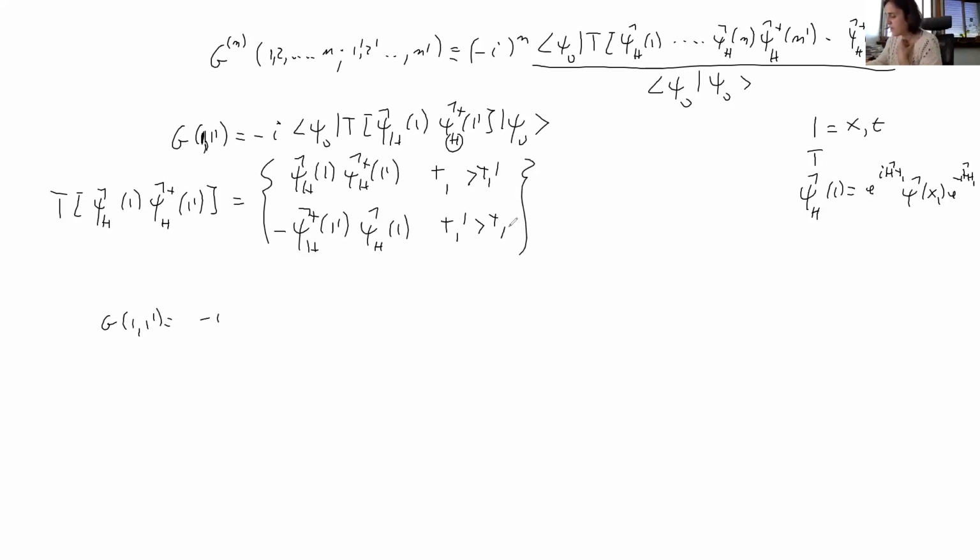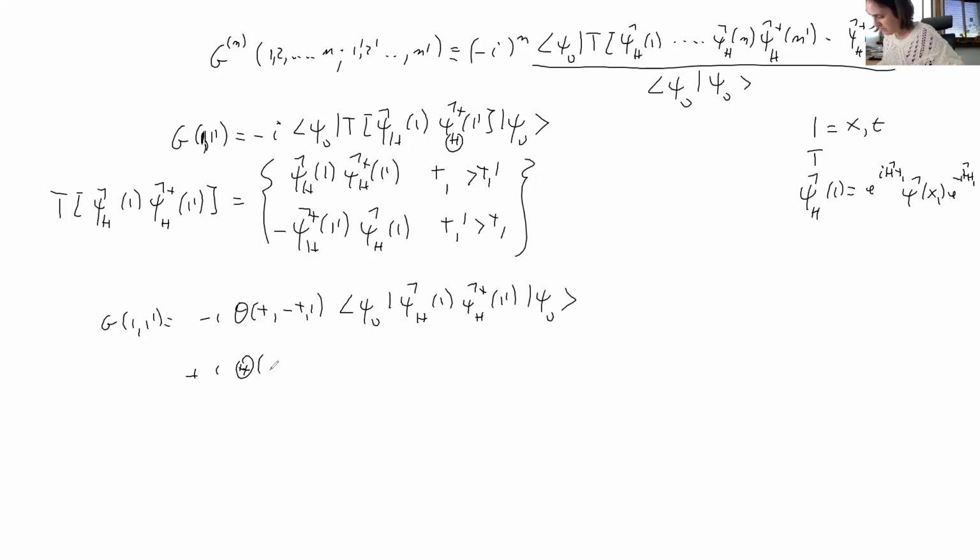Mathematically, how do I write the two orderings of the times? I can use some theta function, okay? So when my T1 is bigger than T1 prime, this theta function is 1. So I can have this ordering. Okay, and then when my T1 prime is bigger than T1, I have this other ordering.